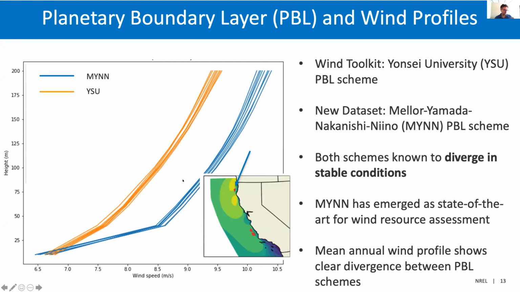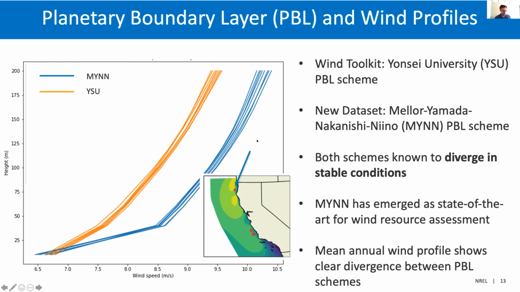Here, recall we have 16 ensembles in this modeling that we're doing. They're all shown here, color-coded based on which turbulence scheme they used, YSU or MYNN. And here we're looking at the annual average mean close to the Humboldt call area.